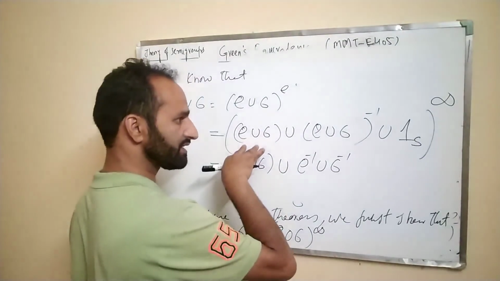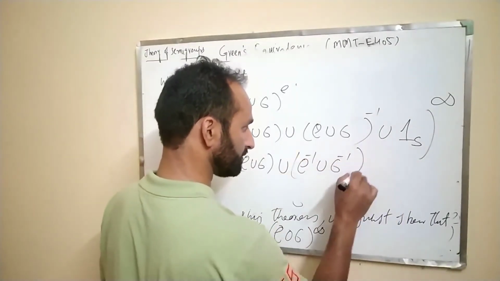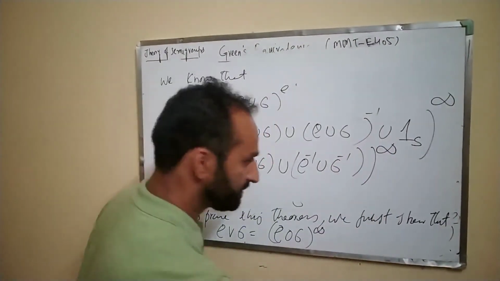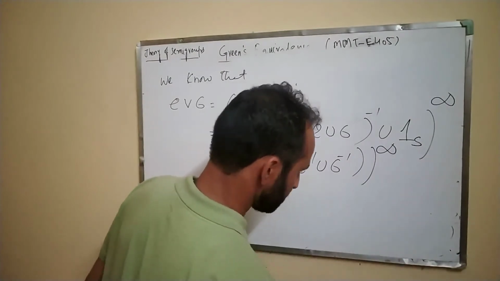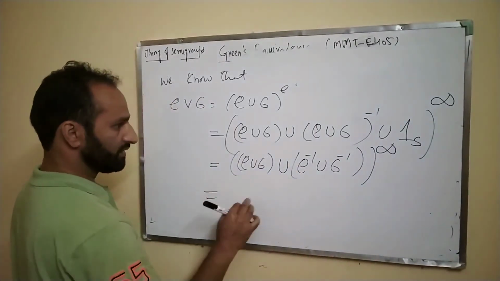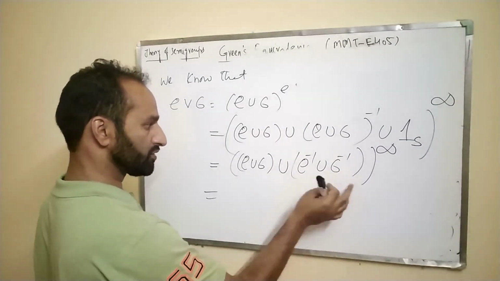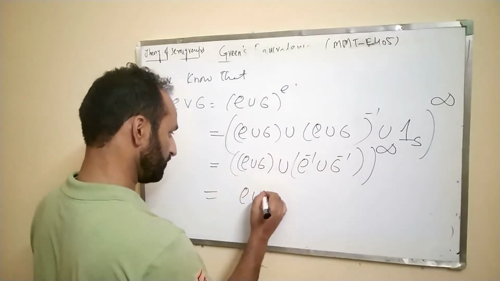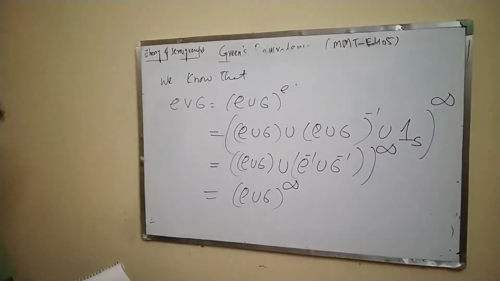It is an equivalence relation, so we don't need this I here, power infinity. And rho inverse is the same as rho because rho is also symmetric. Sigma inverse is the same as sigma, so it's just rho union sigma power infinity.